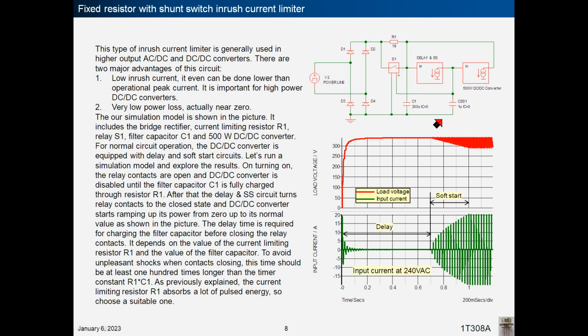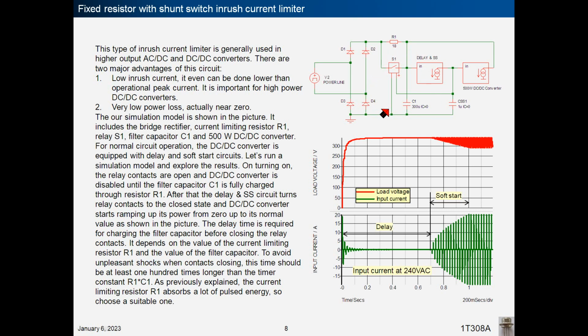On turning on, the relay contacts are open and the DC-DC converter is disabled until the filter capacitor C1 is fully charged through resistor R1.